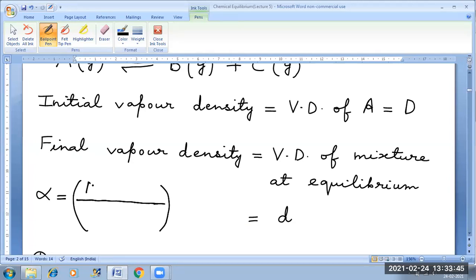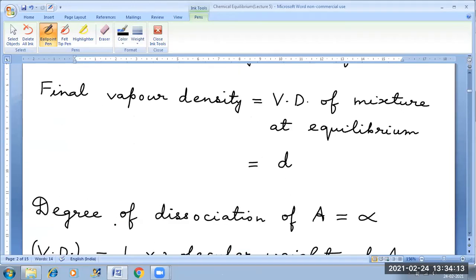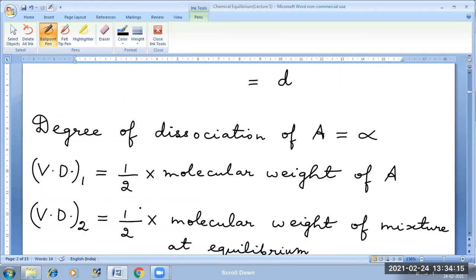Moles reacted upon initial moles. This is the formula for degree of dissociation. Alpha is the notation.